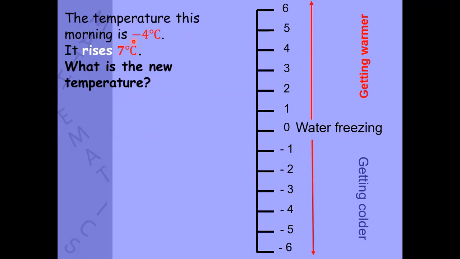The temperature this morning is -4 degrees Celsius and it rises 7 degrees Celsius. If you could see here, we are already using the word rises. When it rises, what will happen? The temperature gets warmer. So now, what is the new temperature?